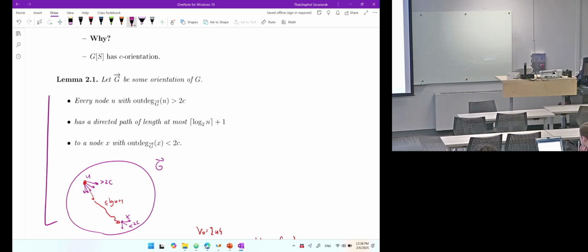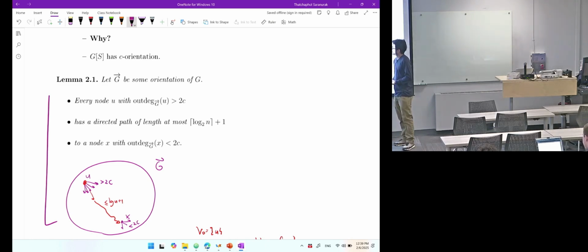So flip the path. Now this node will have out degree 2C, because it decreased. The good node still has out degree at most 2C because it was strictly less than 2C. So now we are done. So you see, this is the whole algorithm.